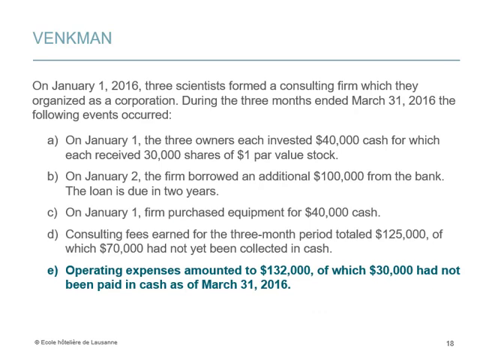And now let's move to the last transaction happening in the Venkman problem. It is operating expenses amounting to 132,000, of which 30,000 had not been paid in cash as of March 31st, 2016. So it means that we used the expenses for 132,000, but part of it is still not paid yet.